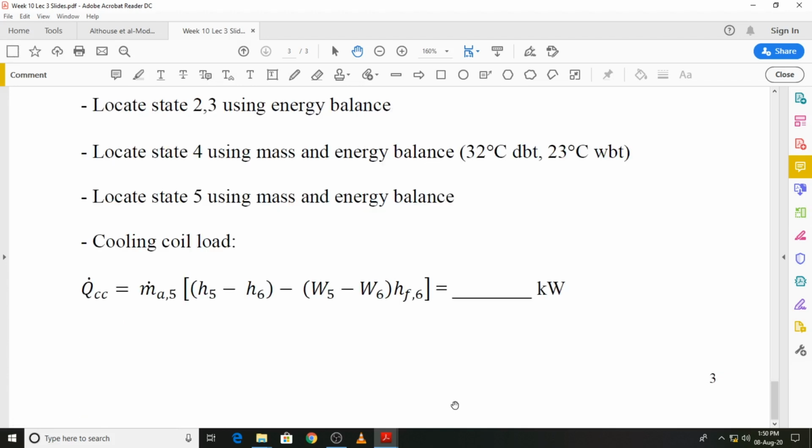If you refer to the psychrometric diagram, you can see that we now have three states which are yet to be located, that is state 2, state 4 and state 5, and they can also be found out by applying energy and mass balances. Because state 2 is obtained by the mixing of the two states, state 2a and 2b, we can perform an energy balance and that will give us state 2.